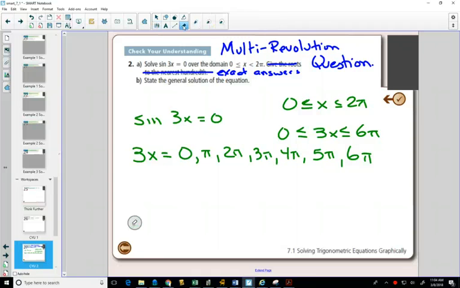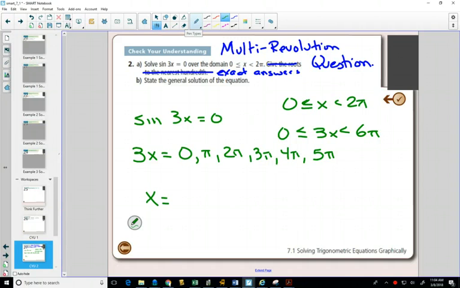If we look at the question, 2 pi is not included, so I should erase this equal sign here, which would erase this equal sign there, which means that 6 pi is not included, so I have to take that one out. So the multi-revolution means that for solving for 3x, we had to go 3 times around. Now that we've gone 3 times around, we can now solve for x.